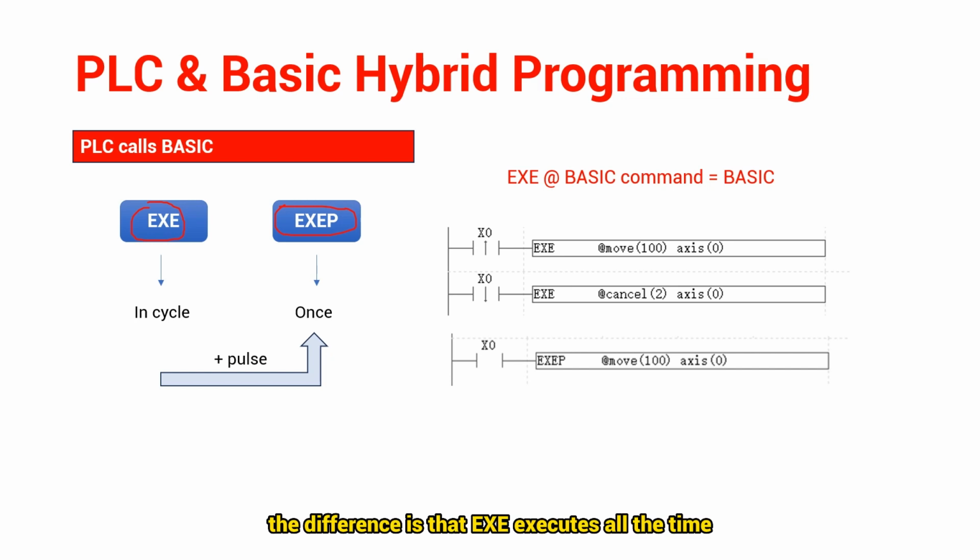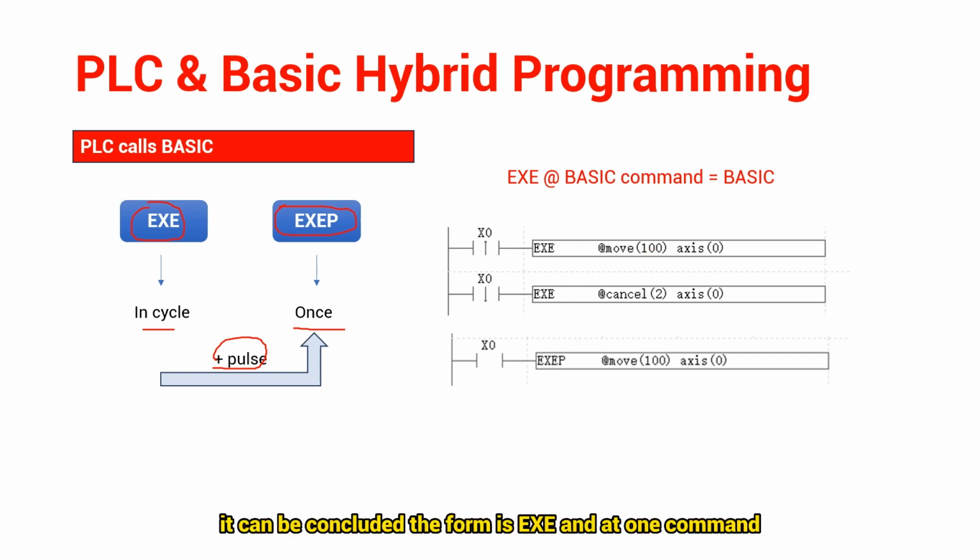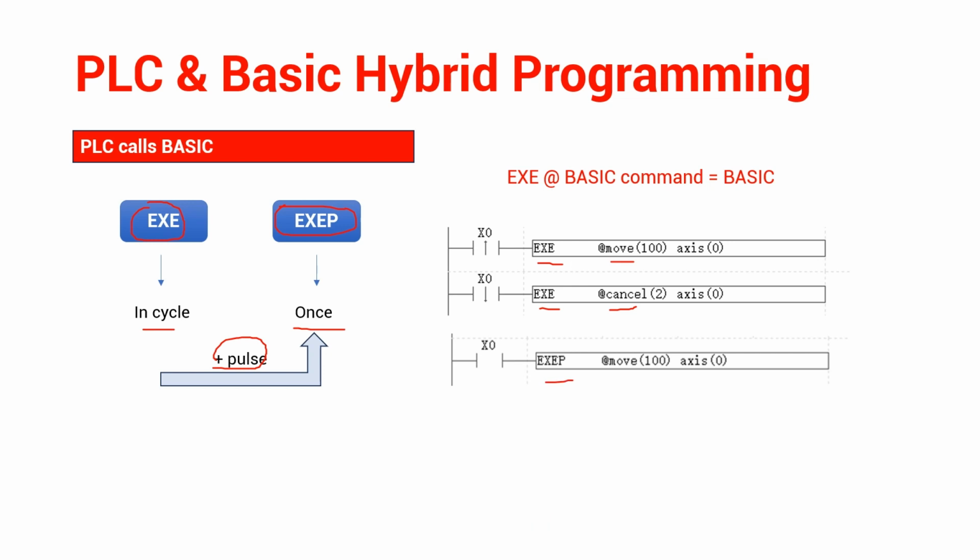The difference is that EXE executes all the time, EXEP executes once, and is a post form of EXE. So how to add it? Please see this. It can be concluded the form is EXE and add one command.